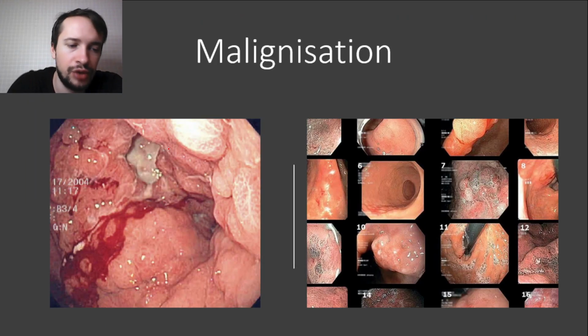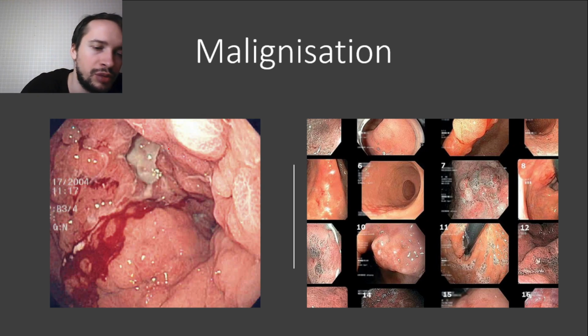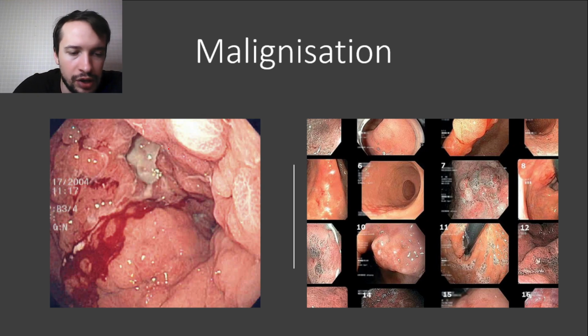The next type of complication is malignization. Gastric cancer refers to neoplasm in the stomach, including cancers of the esophagogastric junction. The incidence is declining in the United States and Europe, while it is rising in Japan and South Korea.